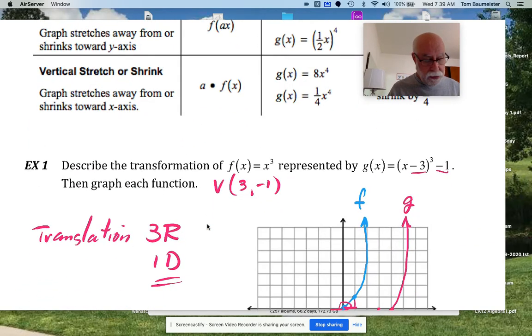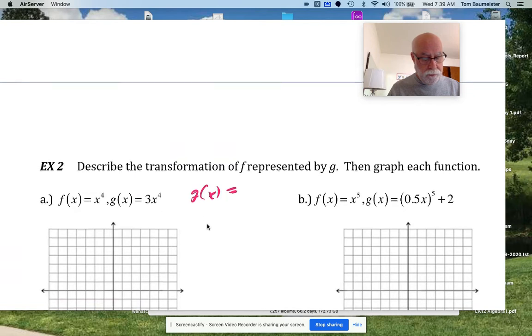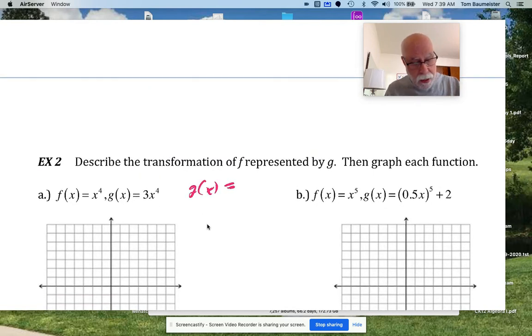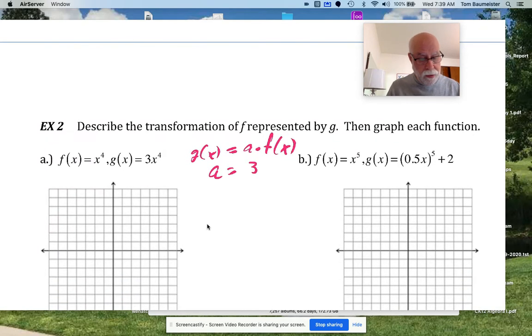So we could write this as a times f of x, where a is equal to 3. So if we think about that, what's going to happen? We're going to have a vertical stretch.